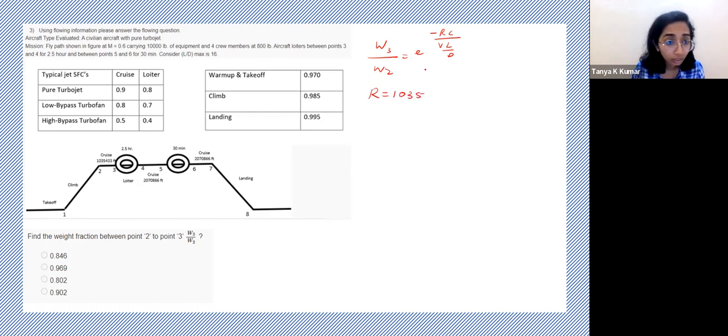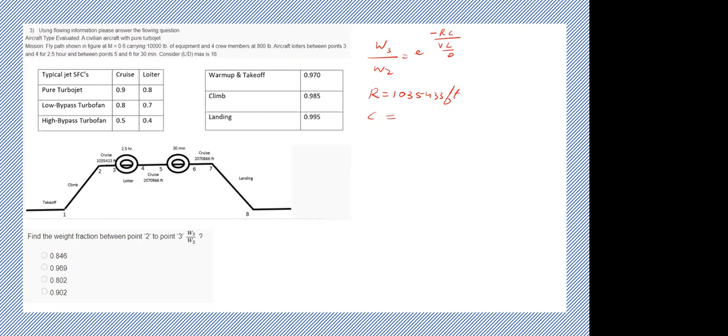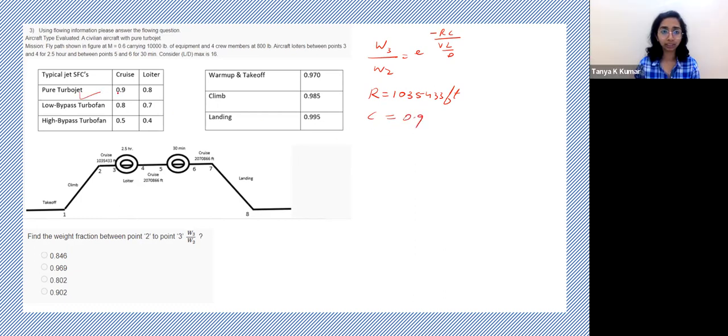In this case, your R is 35433 feet. C, SFC, what is the value of C here? 0.9, exactly. It is a pure turbojet and we are in cruise, so it is 0.9.